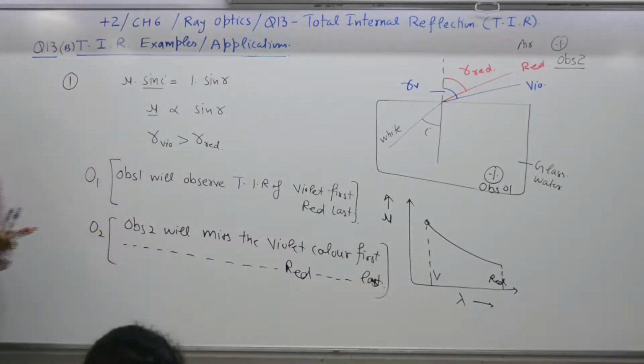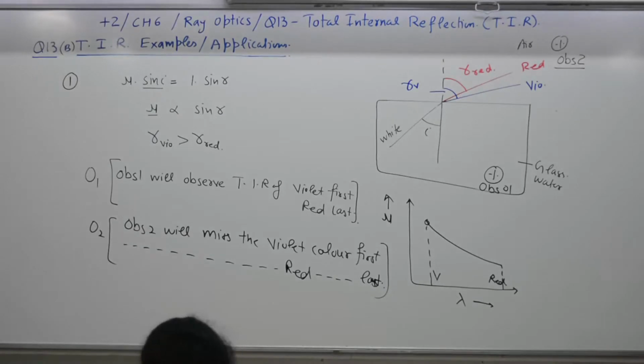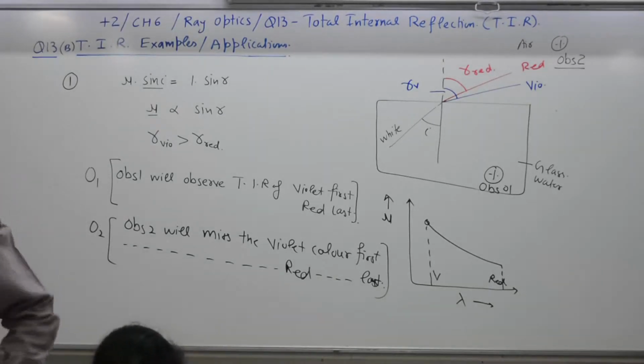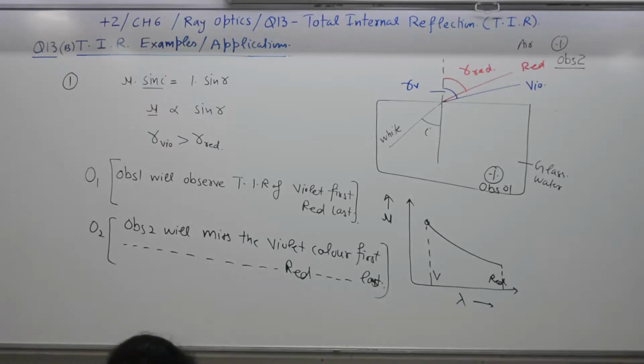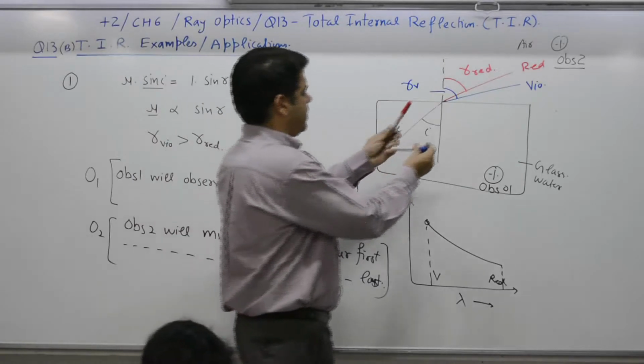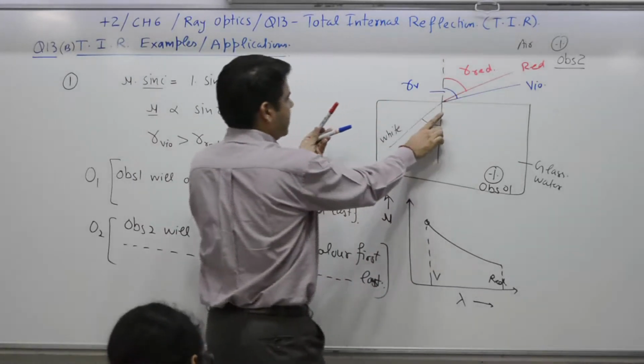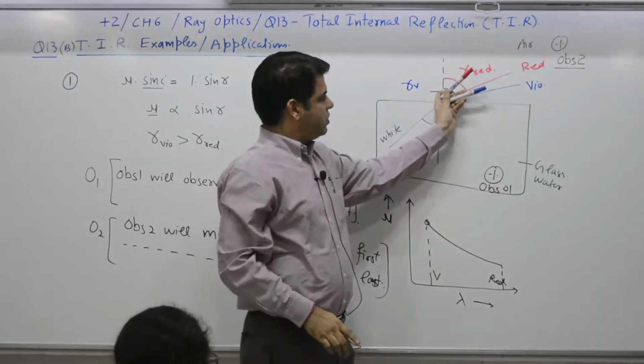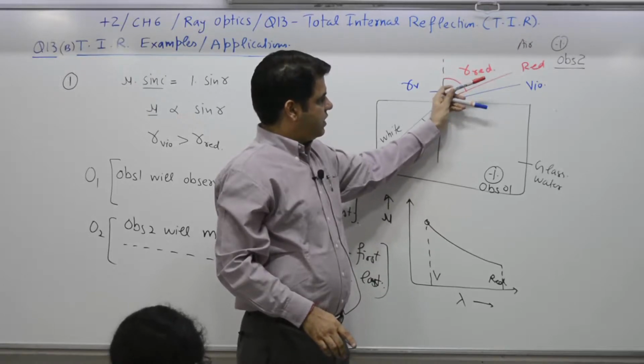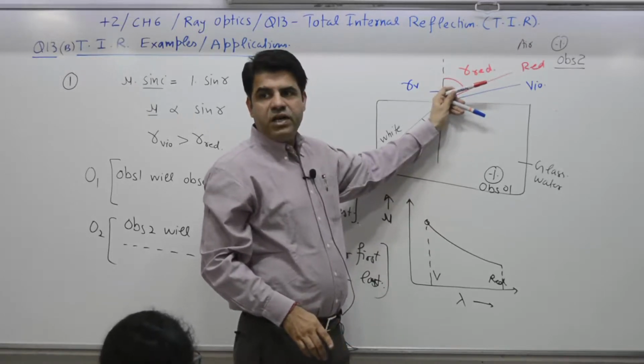3 minutes with you to write. In simple words, you can say if I increase this angle, this is how the two rays will move. TIR takes place for violet first.